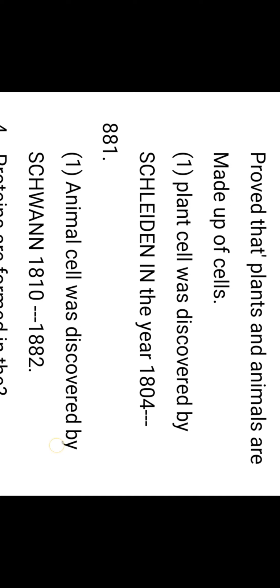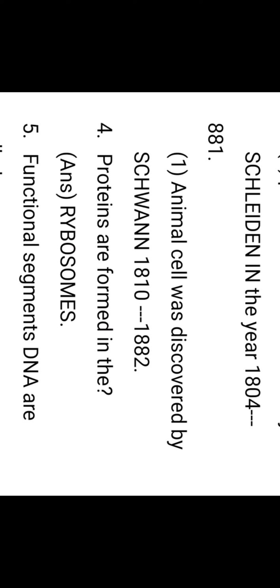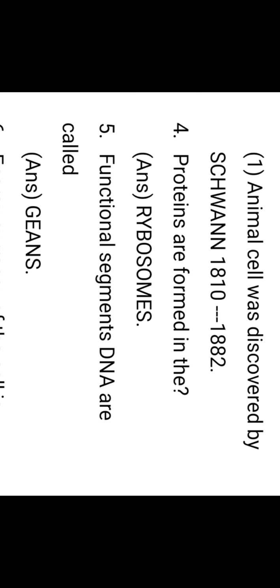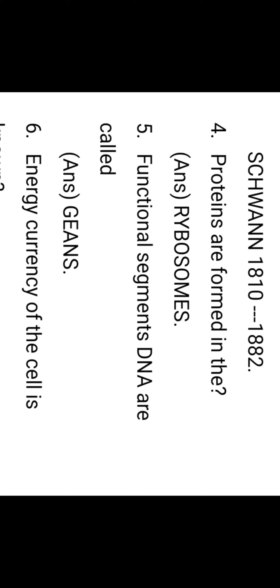Okay, the plant cell was discovered by Schleiden in 1804. The animal cell was discovered by Schwann in 1810. The next question: proteins are formed in the ribosomes.